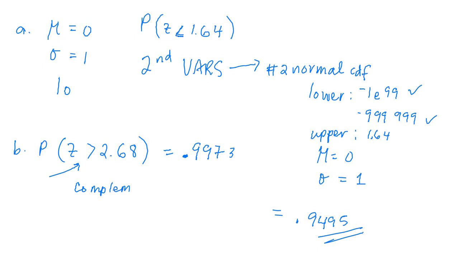This is the left, and we're trying to find the area on the right side. So you take 1 minus 0.9973, which is equivalent to 0.0027.